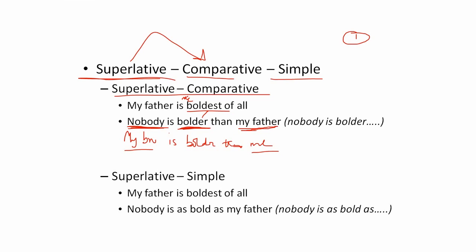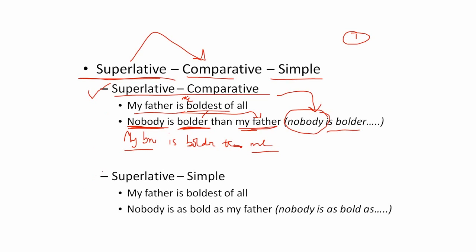My father, which is subject here, becomes object. So how to remember? The keyword is nobody is bolder. How do I rewrite superlative into comparative? By remembering this: nobody is bolder than my father. That's how you write superlatives into comparative. I'm changing the degree, but I'm not changing the meaning.